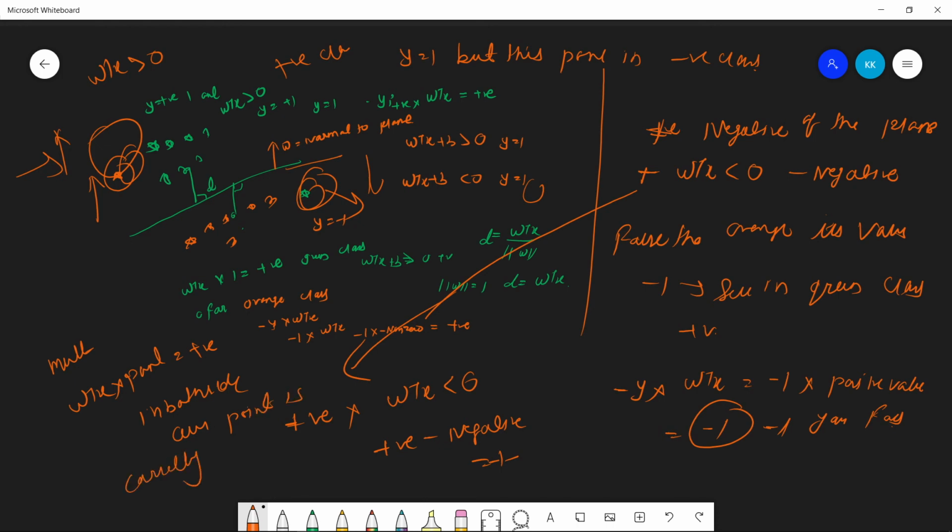So in the case of all these points, our answer is positive, so we can say that all these points are correctly classified. But in the case of this green point and this orange point, the value is negative, so we can consider these points as misclassified. So in this way our logistic regression algorithm works. So this is for this video. Thank you.